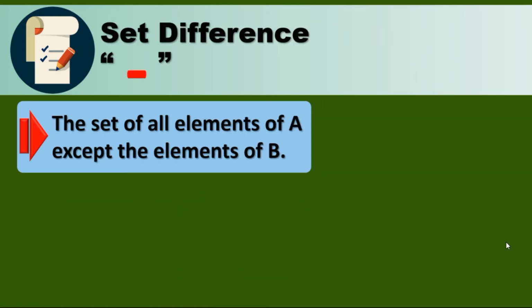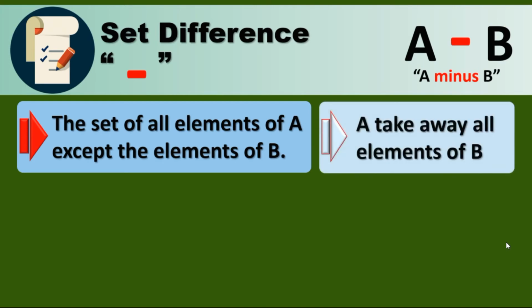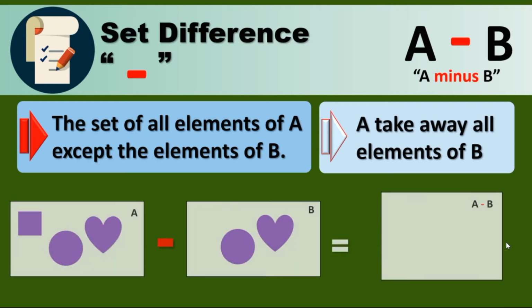Next concept, set difference, or with notation, the minus sign. Set difference is the set of all elements of A except the elements of B, which is denoted as A minus B, or simply saying A take away all elements of B. Take note, A there is a set.